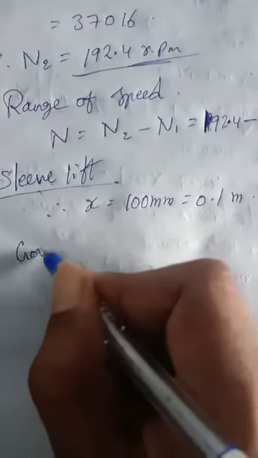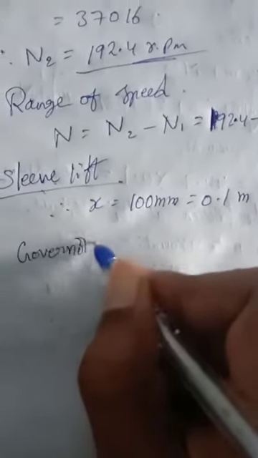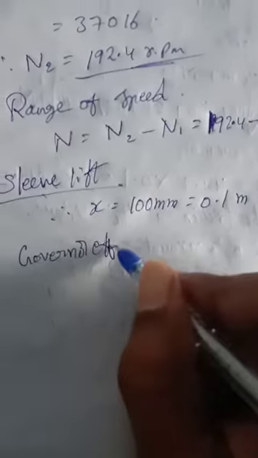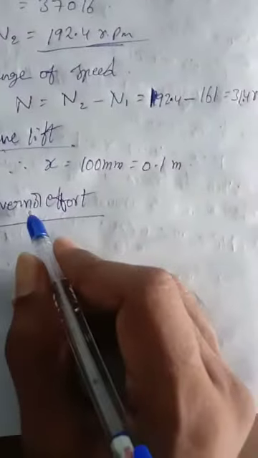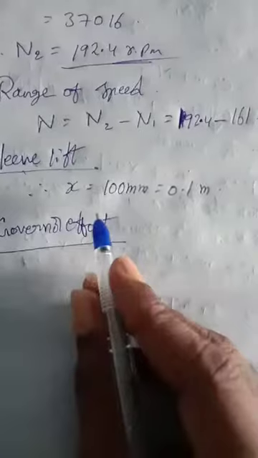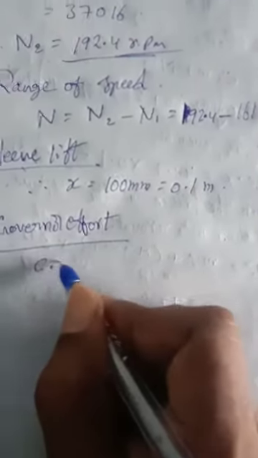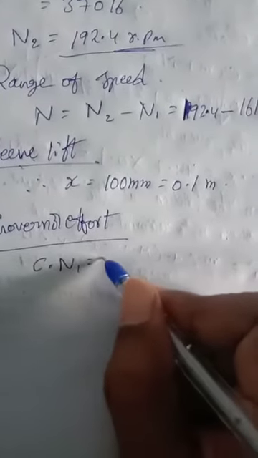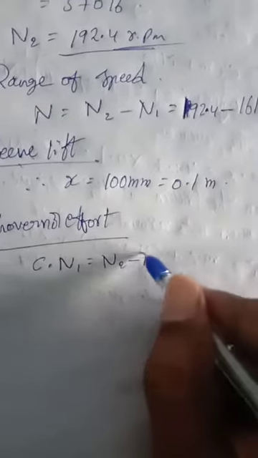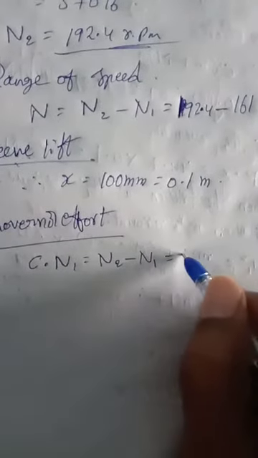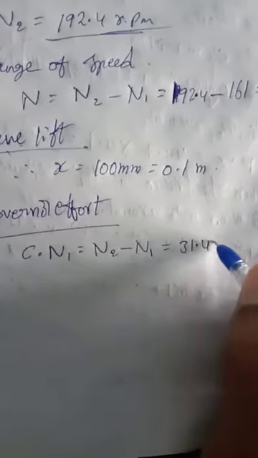Next we are going to see the governor effort. This is coming from c is equal to percentage increase in speed. So the range of speed, c·N1 is equal to N2 minus N1, that is equal to 31.4 RPM.